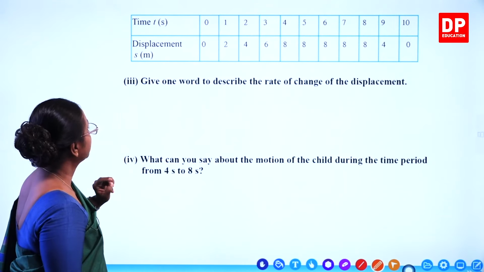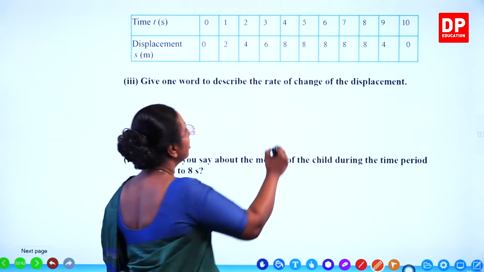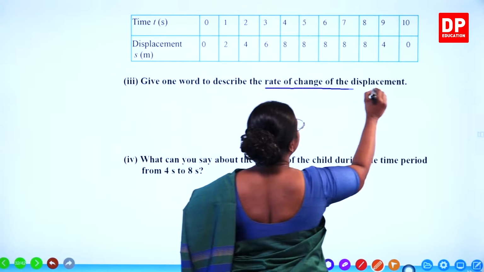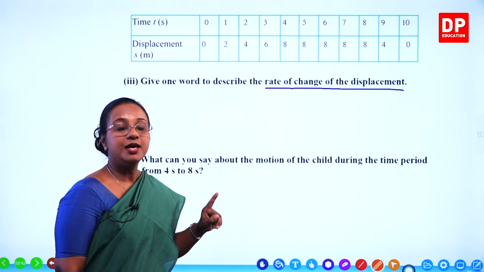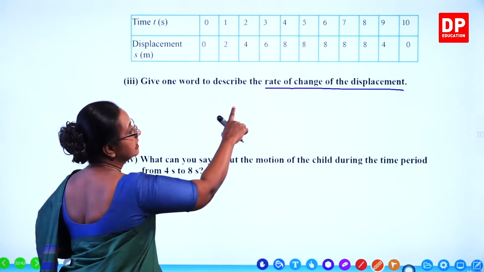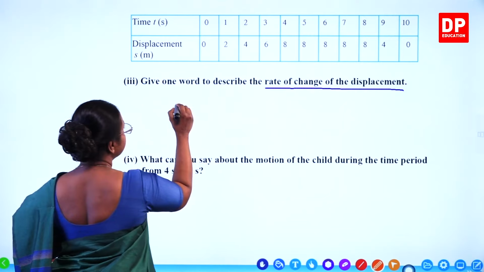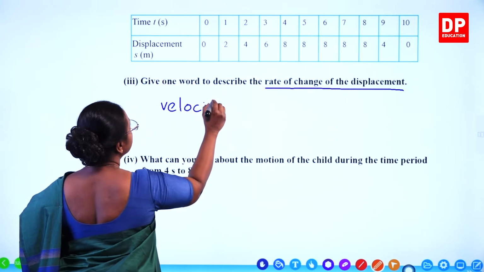The next question, give one word to describe the rate of change of displacement. This you all know, children. What is the word? It is the velocity. Velocity is the rate of change of displacement. So, your answer will be velocity.